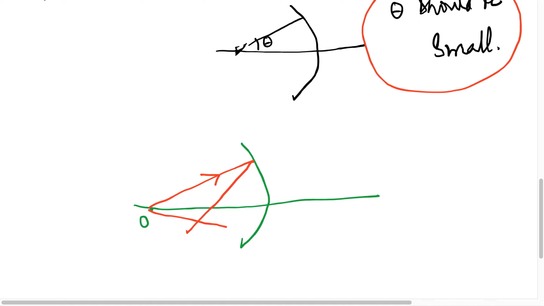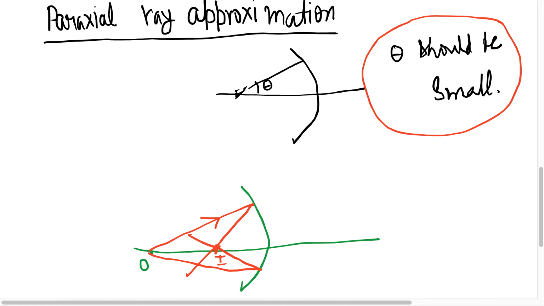Similarly, another ray will go to the mirror and get reflected. So this is the point where you get your image. Now, if you have this paraxial ray approximation, like if I assume the small theta approximation, then my rays will intersect at a point.